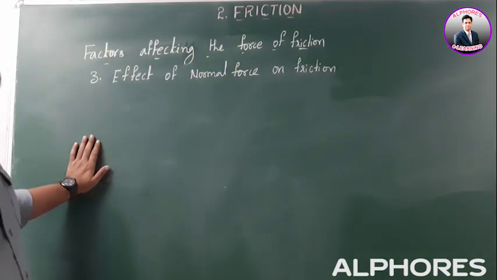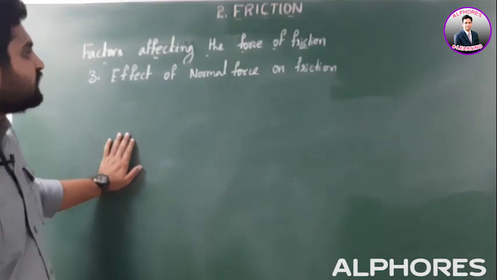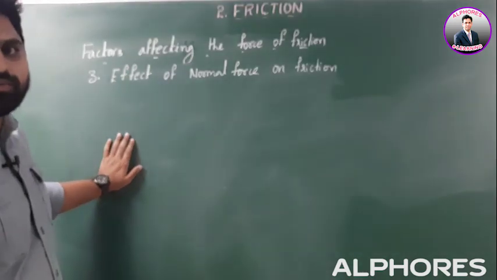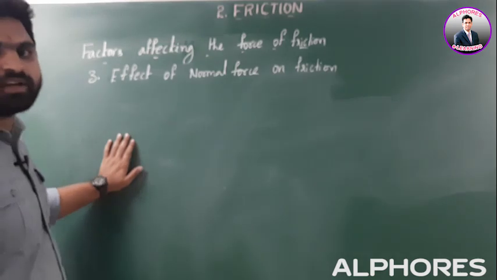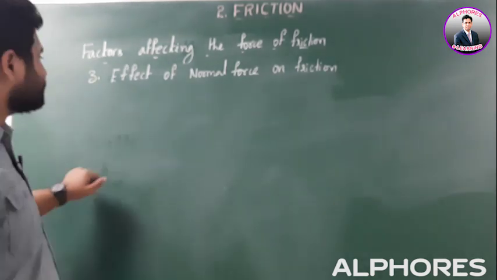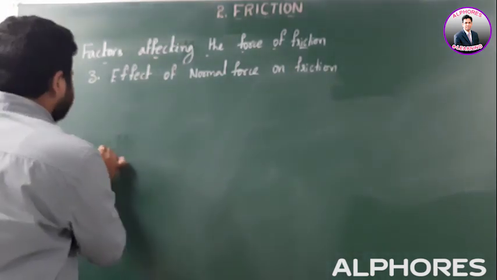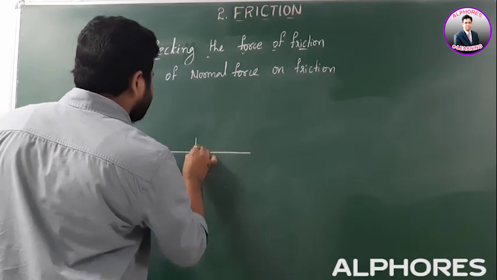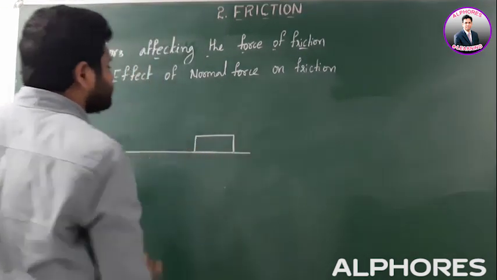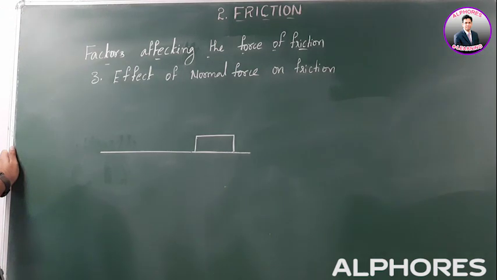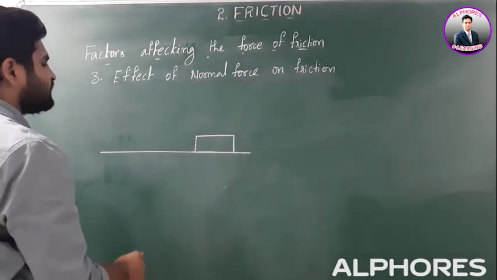As I said in the previous case, the frictional force depends upon the normal force. Let us understand this with the help of an activity. The setup is the same as in the previous case: the brick is placed horizontally on the surface.